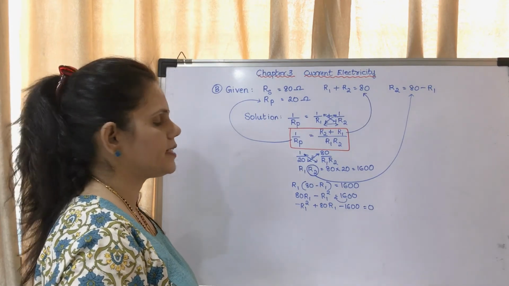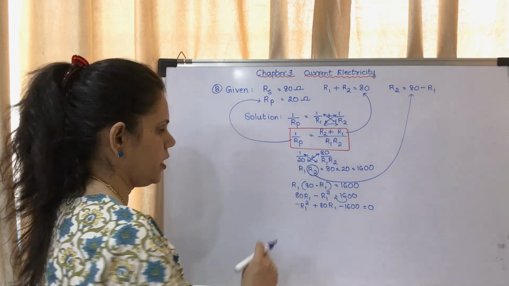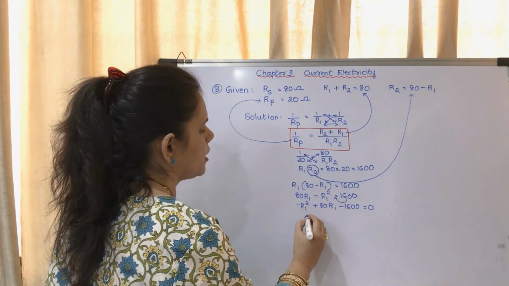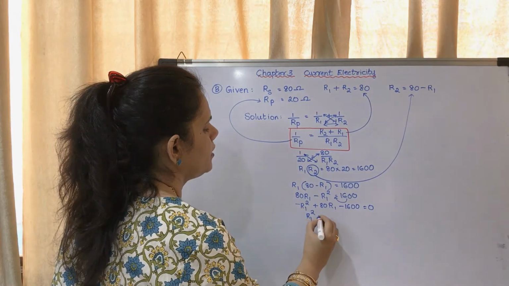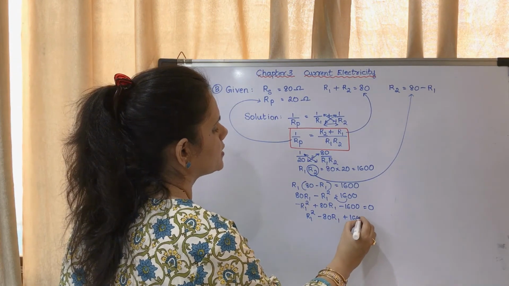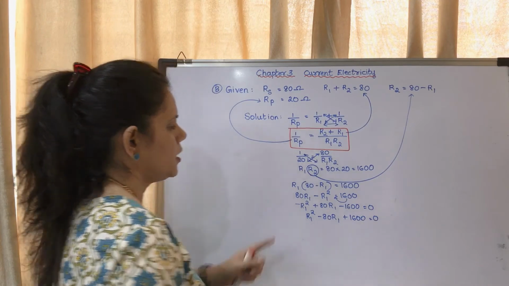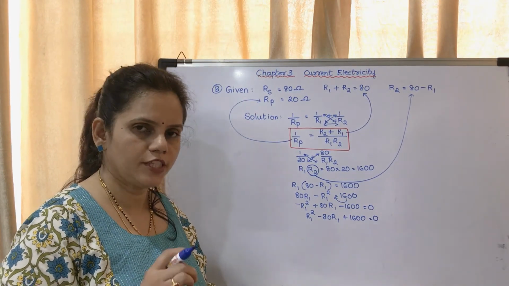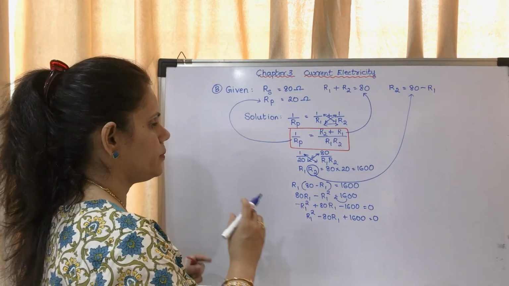So now this has become a quadratic equation. I will multiply it with minus 1. So it becomes R1 square minus 80 R1 plus 1600 equal to 0. This method you are having in your maths. If you haven't completed it, you may listen here.